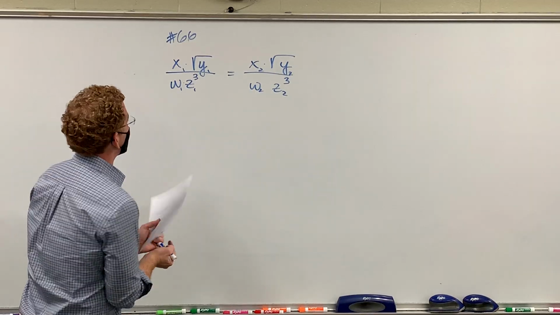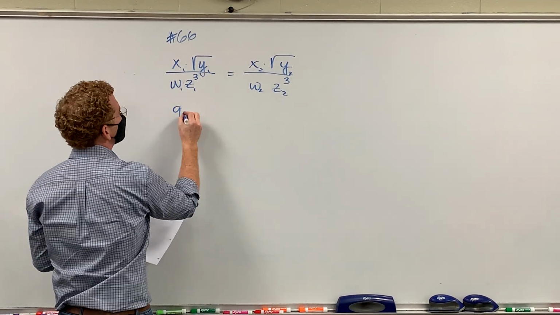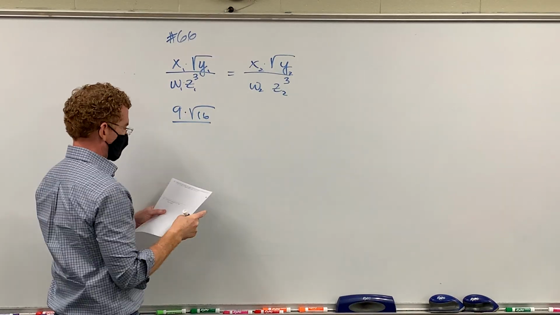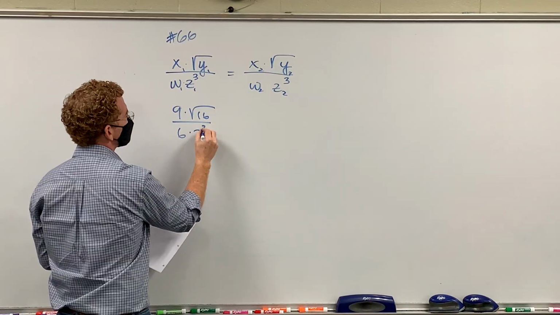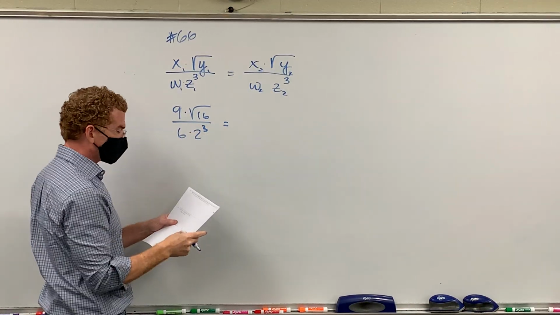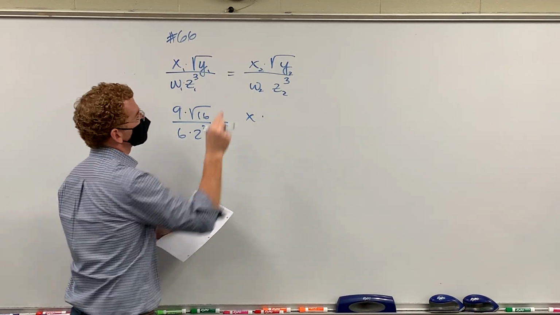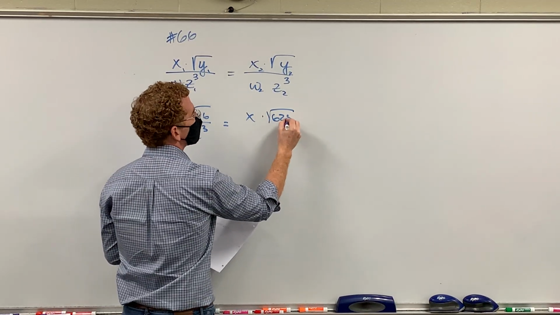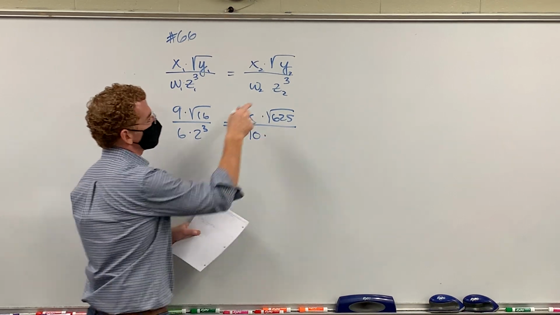They said, if x is 9, y is 16, w is 6, and z is 2, then find x when y is 625, w is 10, and z is 5.